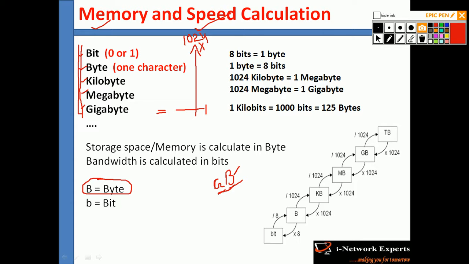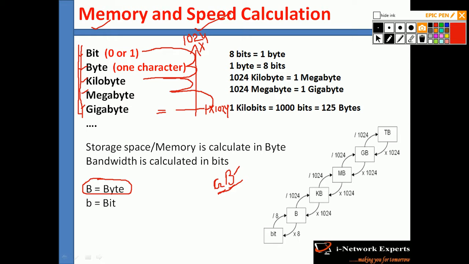I want to convert this 1 GB into bit. Let's follow the calculation. 1 GB you have to convert into megabyte, then megabyte into kilobyte, then kilobyte into byte, then byte into bit.